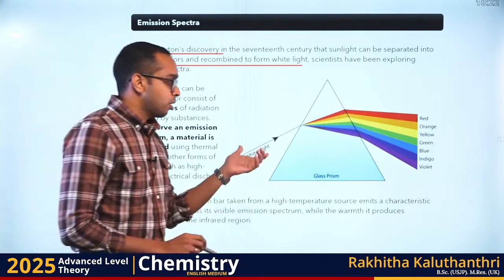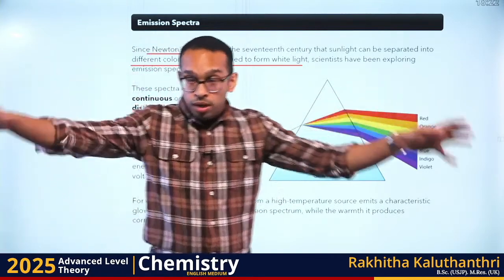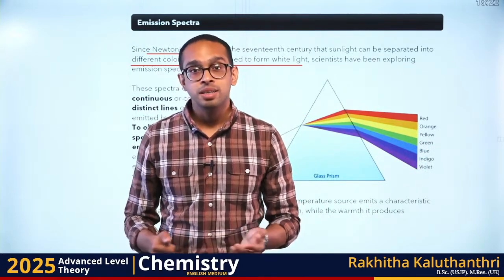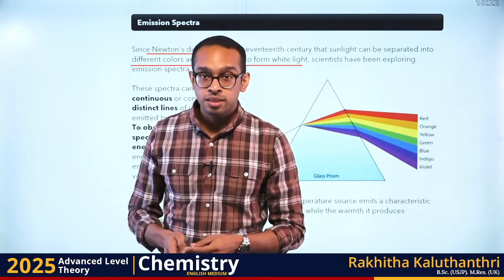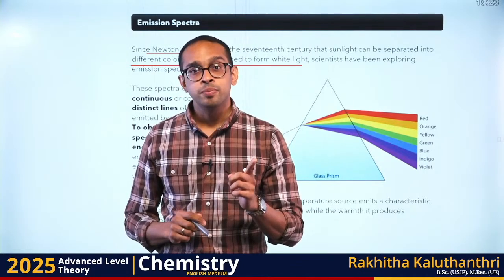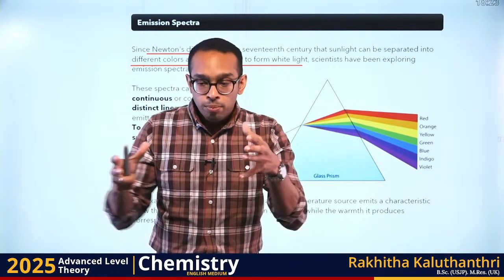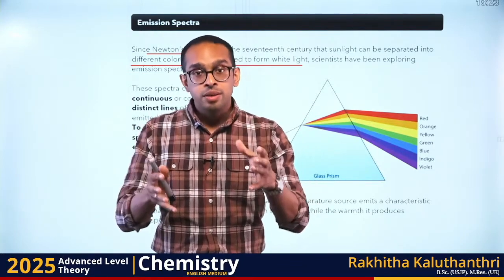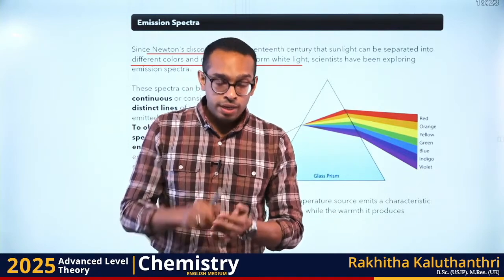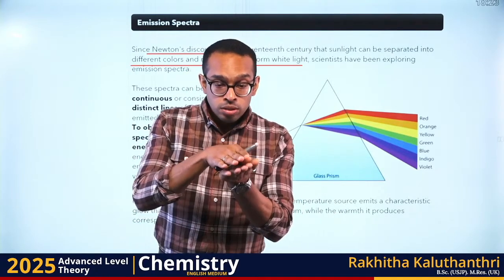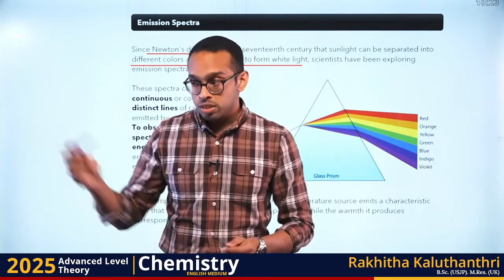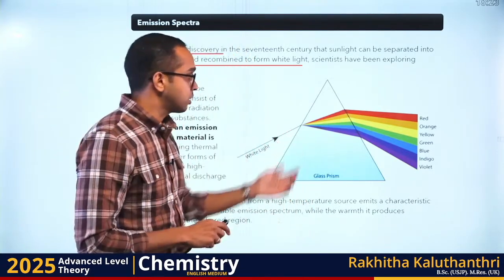Now we know white light is a type of radiation, and this is not a radiation that consists of only one wavelength. It is basically a number of wavelengths together producing this white light that we see around us. So we can actually see the constituent wavelengths of white light if you send it through a prism, as you can see over here.